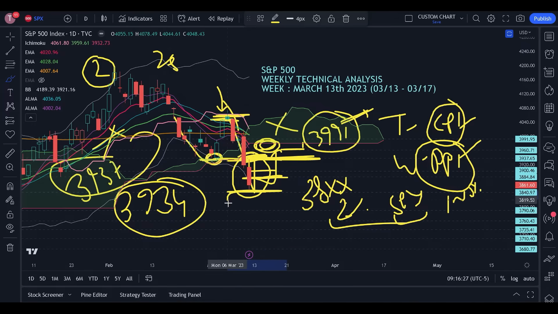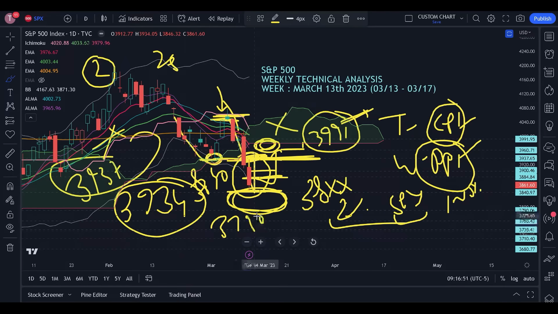Now comes the support. We have talked about the resistances. As I mentioned in my previous S&P 500 weekly technical analysis for 2-3, even 4 weeks, whenever the S&P 500 comes down, there is a very strong support that ranges from 3840 to 3790.